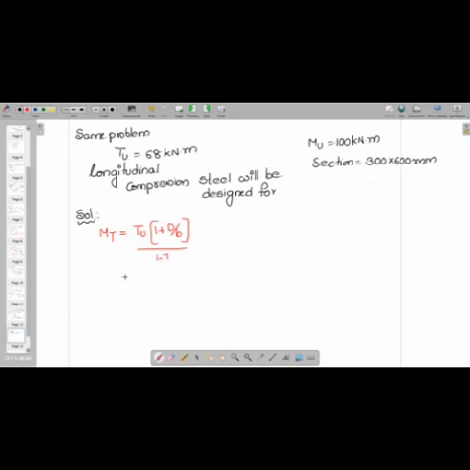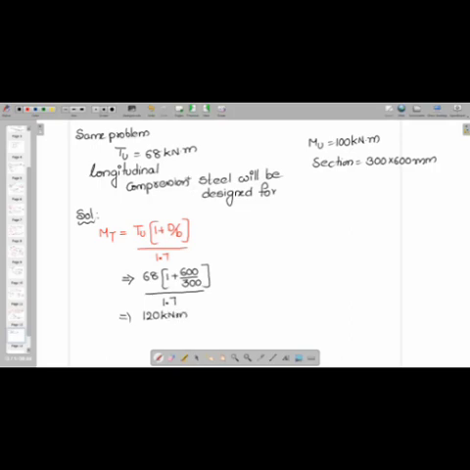So this will be equal to how much, sir? Here torsion is 68 into 1 plus d by b. What is d? 600. And b is 300, upon 1.7. So moment due to torsion is how much, sir? This is 40 into 3, 120 kilonewton meter.